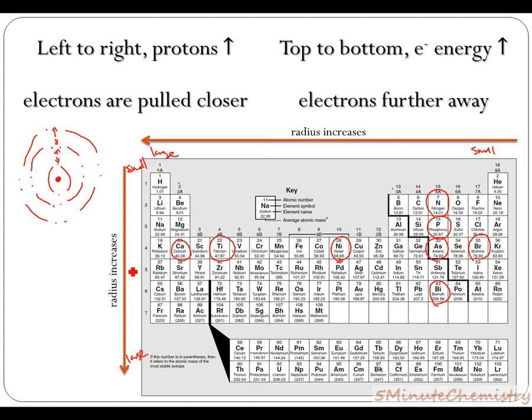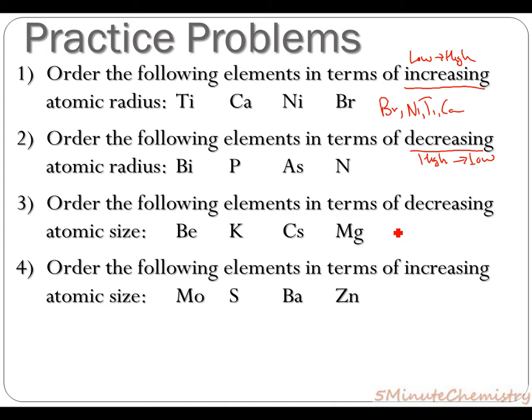It increases from top to bottom. I don't want an increase though. I wanted a decrease this time. So from largest to smallest, I'm going to go bismuth, arsenic, phosphorus, nitrogen. Okay, so that's what you should have come up with.